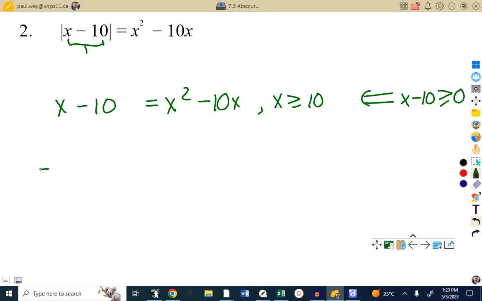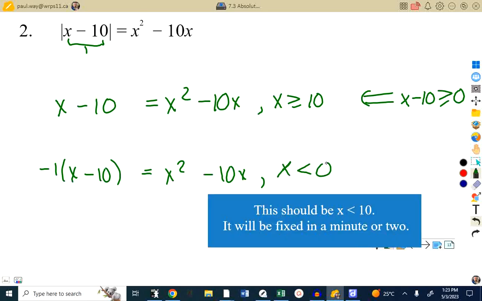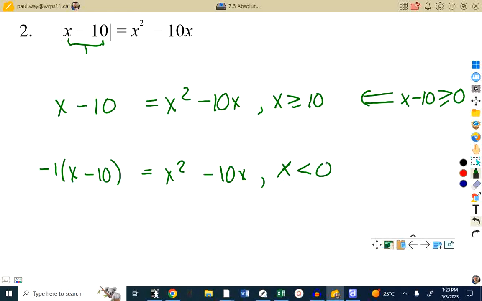Your other equation will be negative 1 times x minus 10 is equal to x squared minus 10x. But this will be where x is less than 0. And now we solve both equations.